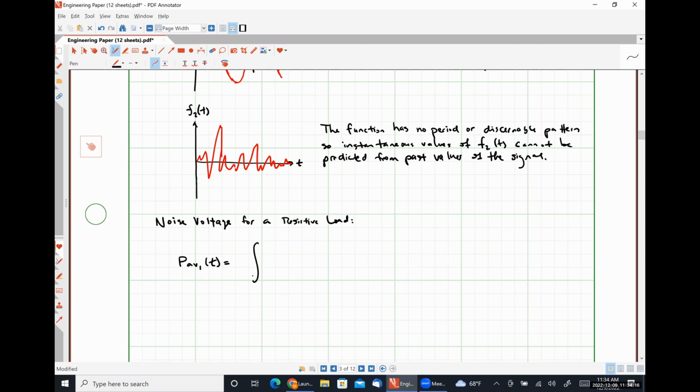So the average value of a function is the integral of a function over one period. So I'm going to define my boundaries of integration from negative T over 2 to positive T over 2.